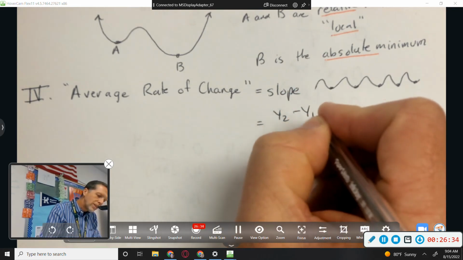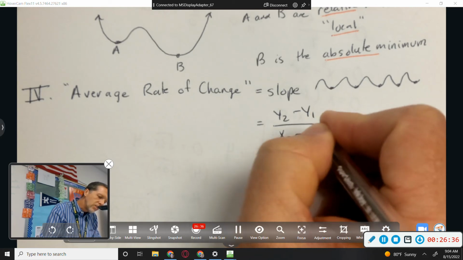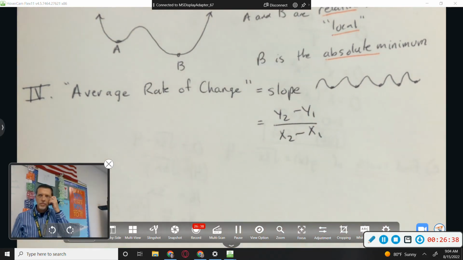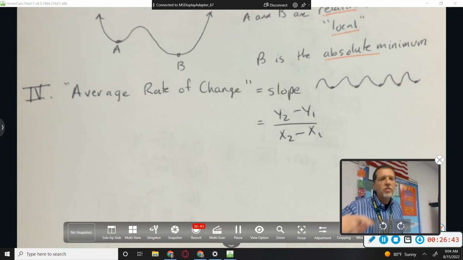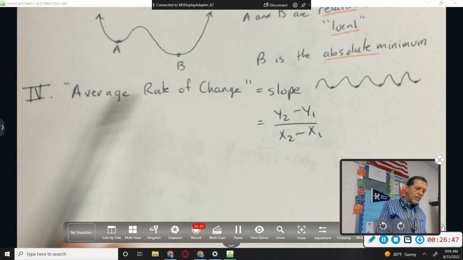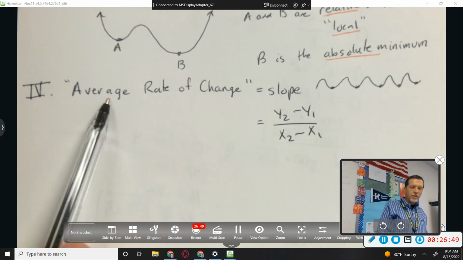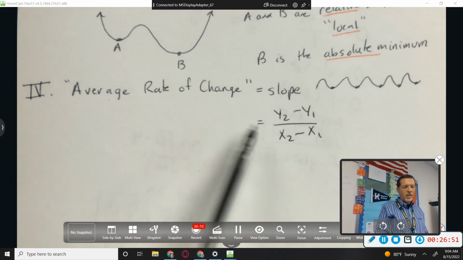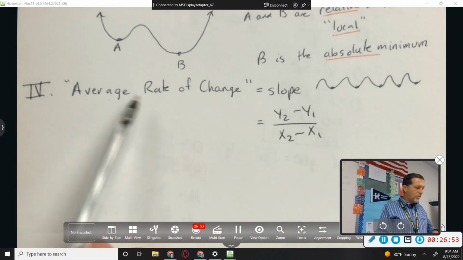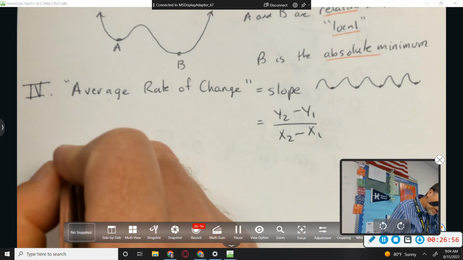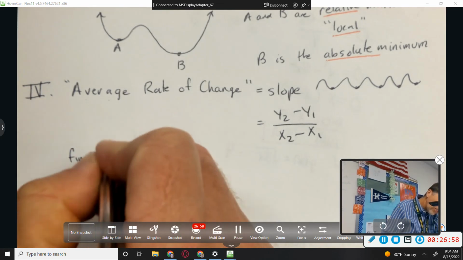So good old y2 minus y1 over x2 minus x1. So you've done it before. You may not have called it average rate of change. And the reason is when you get to calculus, there's a lot of talk about average rate of change versus instantaneous rate of change. We're not worried about instantaneous rate of change, but we are worried about average rate of change.